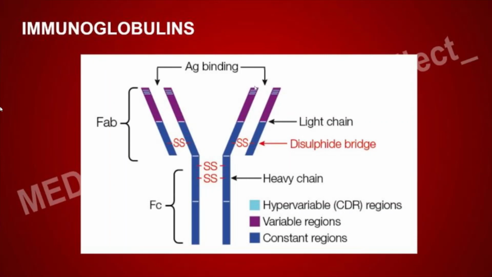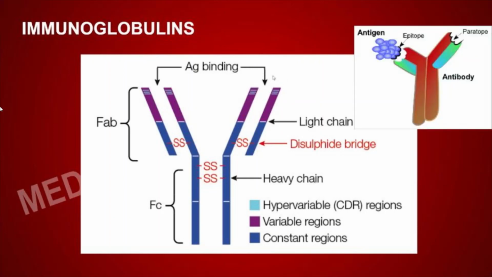Also, both the heavy and the light chains contain 2 different types of region, that is the constant region, this blue color region, and the purple region, that is the variable region, and over here there is the hypervariable region, and from this the antigen binds to the antibody. The epitope region of the antigen binds to the paratope region of the antibody.